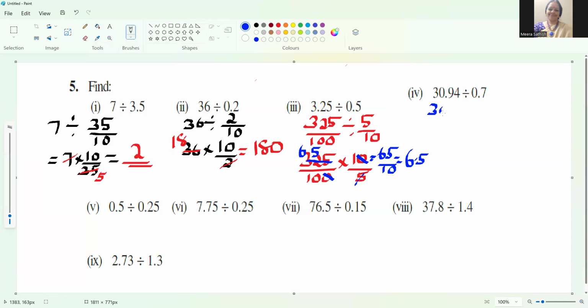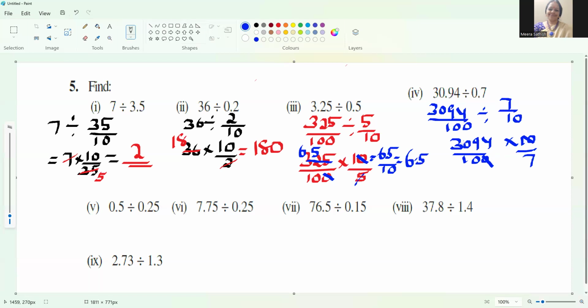And the next one, convert both into decimal fraction. So this is 3094 by 100 divided by 7 by 10. Now reciprocal: 3094 by 100 into 10 by 7. Now you can cut the 10 here.